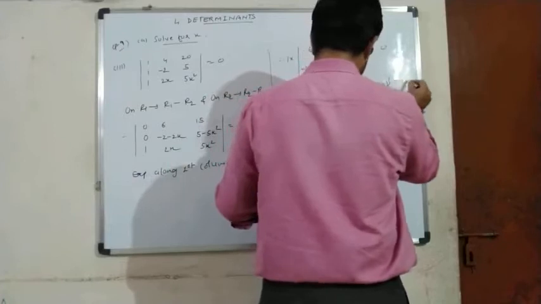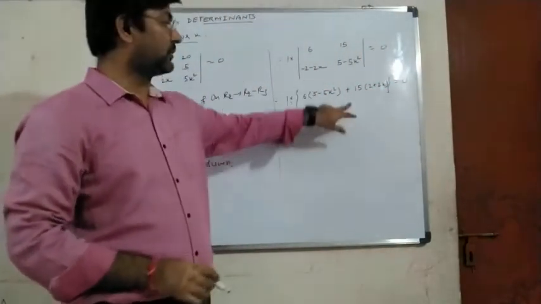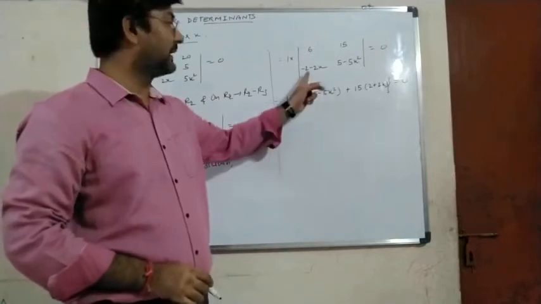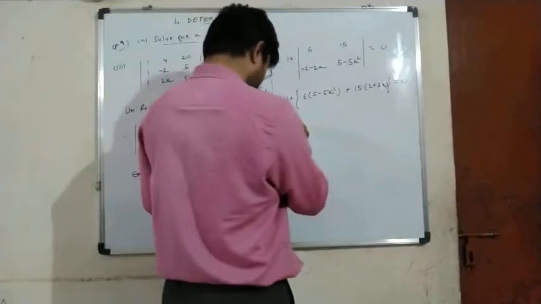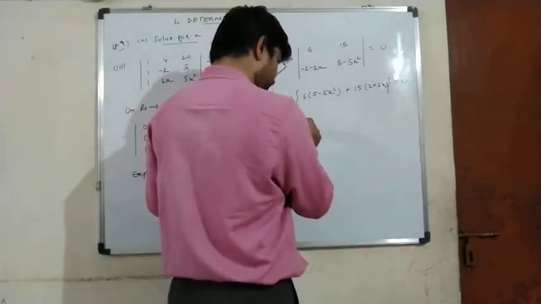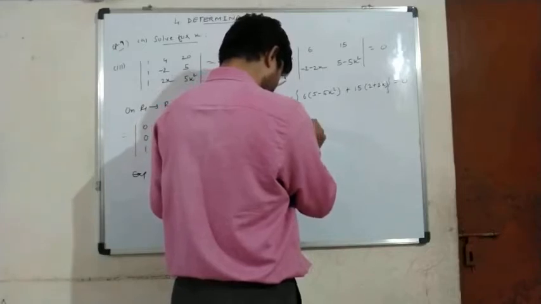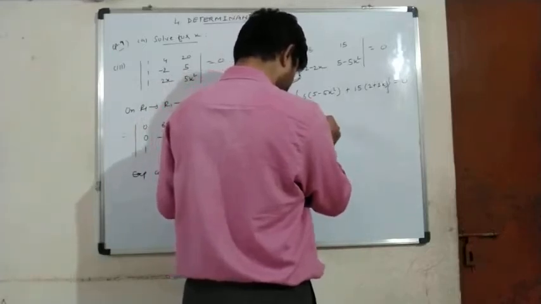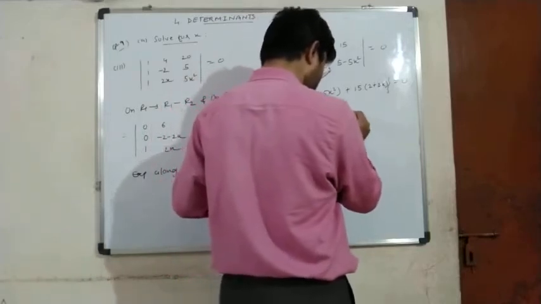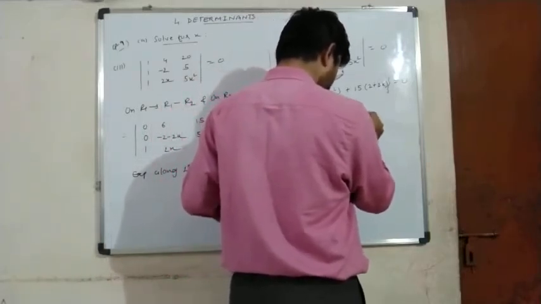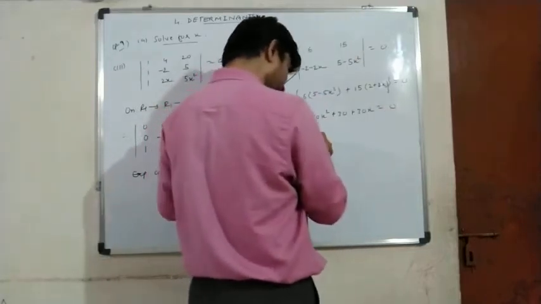I have taken the minus sign common from here. So minus will be plus, because in the middle we put a minus sign, and if you take the minus sign common, minus will be plus. Now let us simplify. 6 fives are 30 minus 30x square plus 30x is equal to 0.